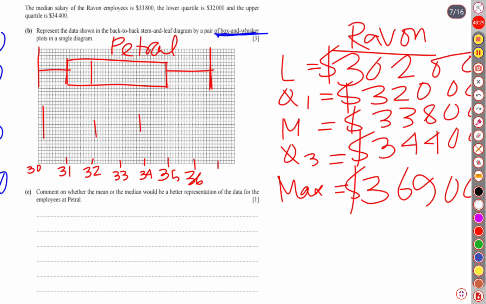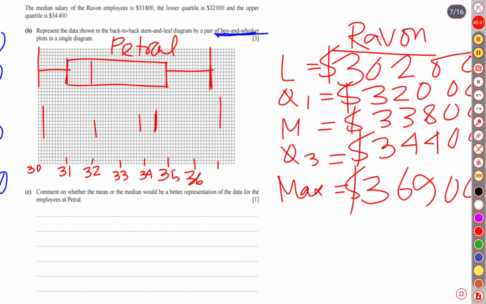After that, the upper quartile is 344, after 34 but less than 35, it is over here. Then 369 is the upper, just over here.